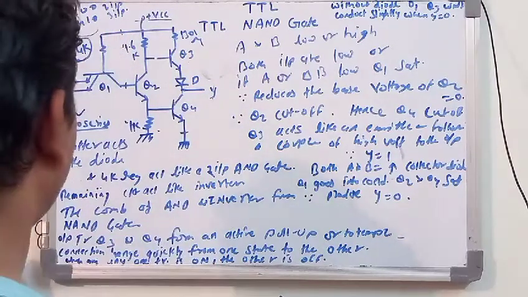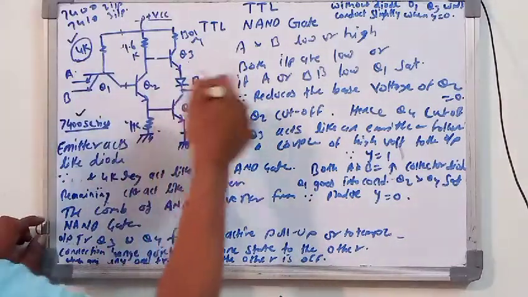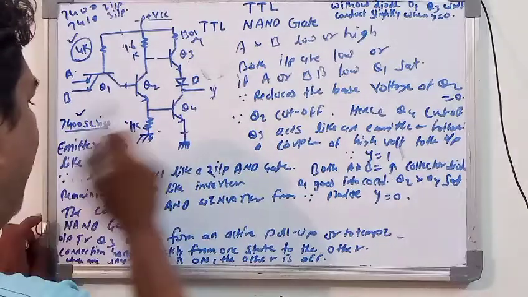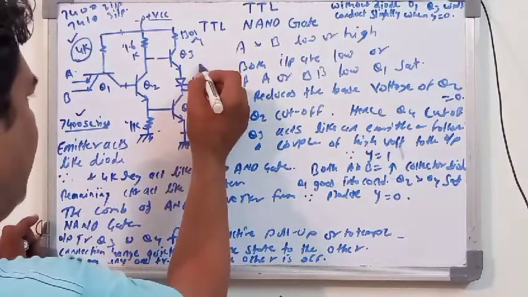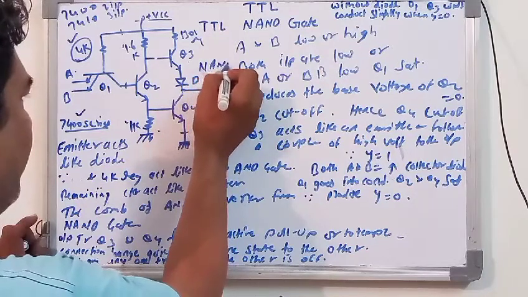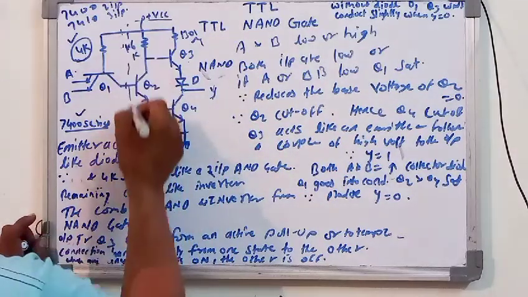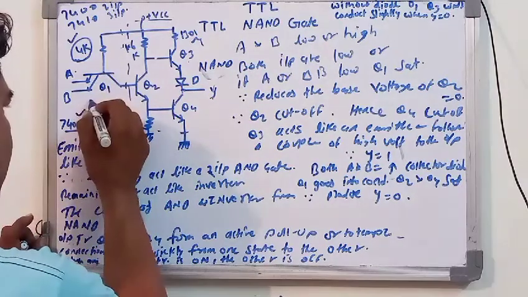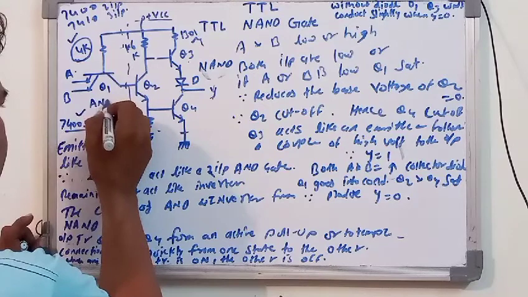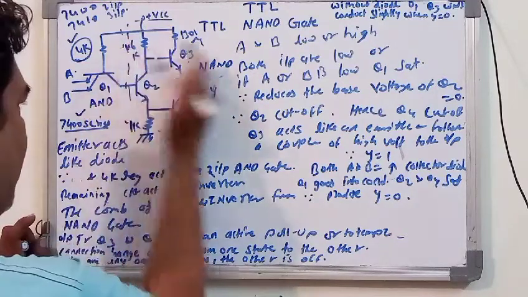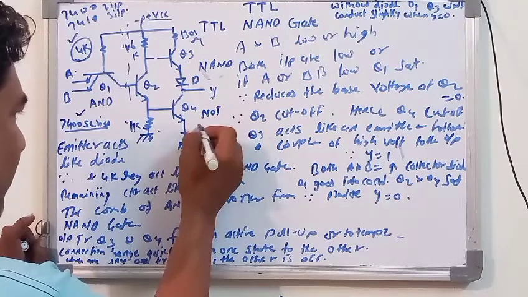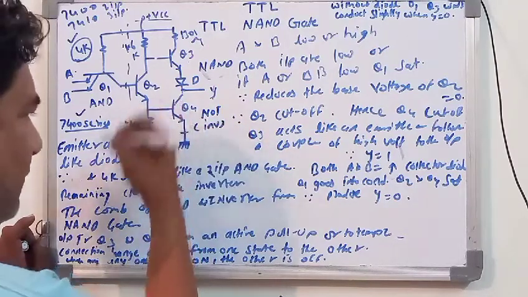Now the remaining circuit, as I told you, acts like an inverter. The combination of the AND and the inverter will give you the NAND gate. This much part is the AND, and the rest of the circuit is the NOT, ultimately the inverter.